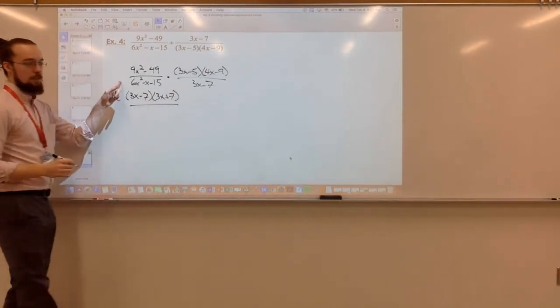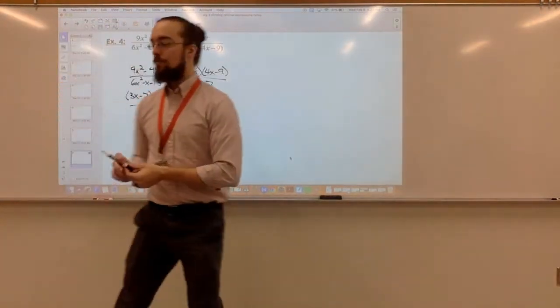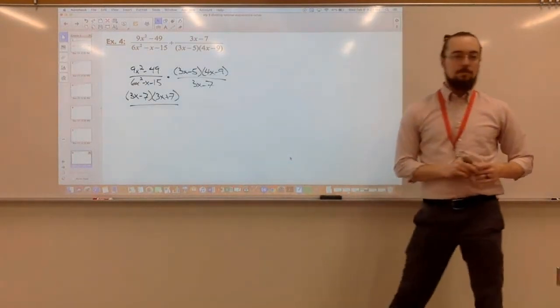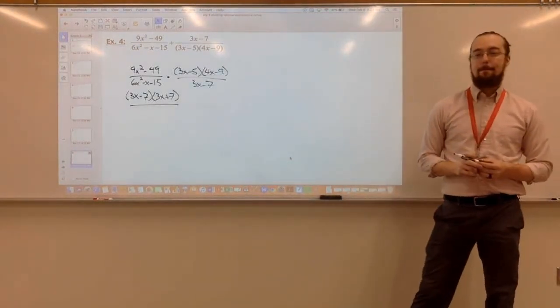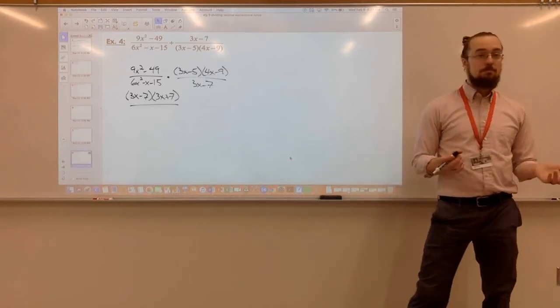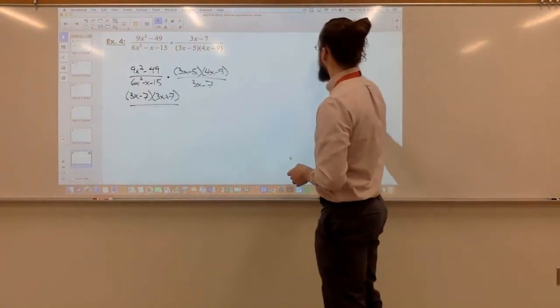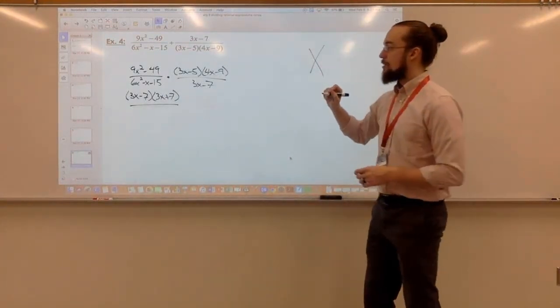I forgot about that. Now, how about the denominator here? 6x squared minus x minus 15. What can I do with that? Is there a GCF? No. Okay, since this is a trinomial, let's see if it factors.